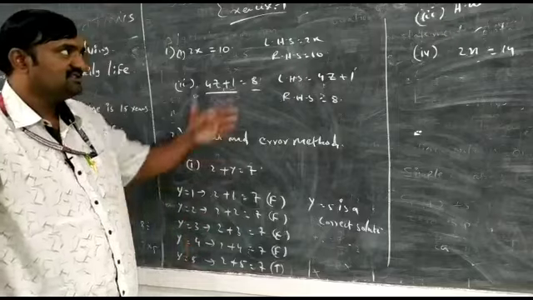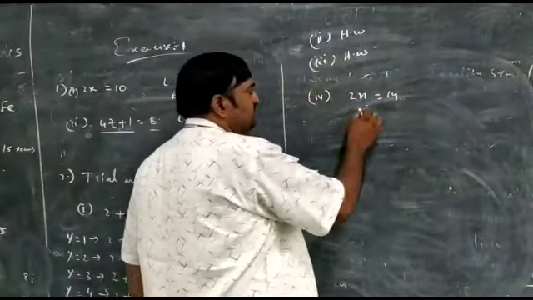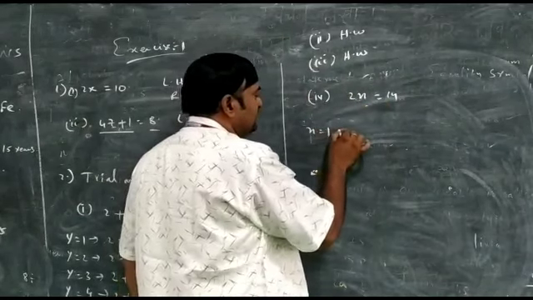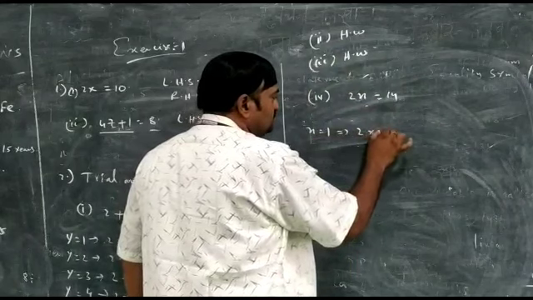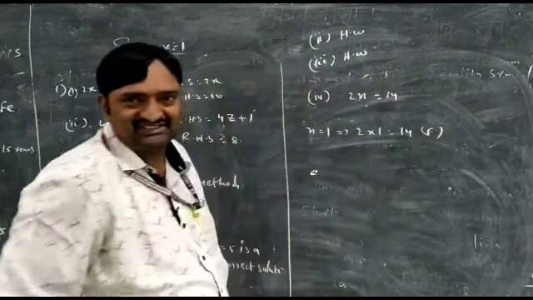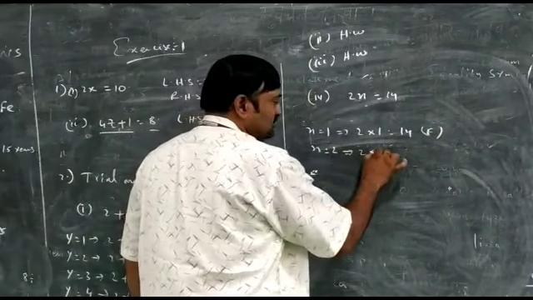Second question and third question, you try to do as homework. One more time, the fourth question I am saying: 2n means 2 into n. n equal to 1 I am taking. 2 into 1 equal to 14, correct? False. 2 into 1 is not 14. And n equal to 2, possible? 2 into 2, 14?